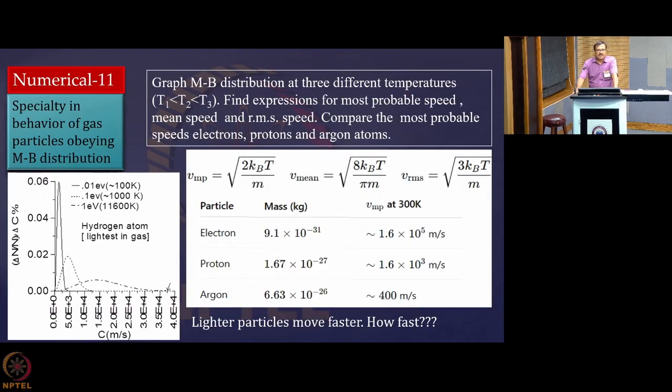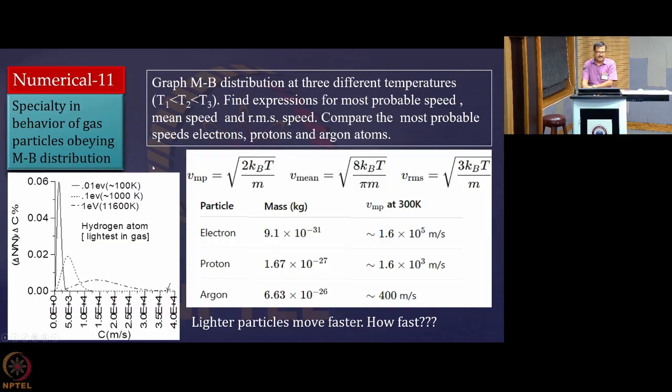So, this is the last one, the MB distribution at 3 different temperatures, T1, T2 and T3, in increasing order, that is T1 less than T2 and less than T3. In the expressions for most probable speed, mean speed and RMS speed, you can see that all of them are proportional to root over kBT by m.